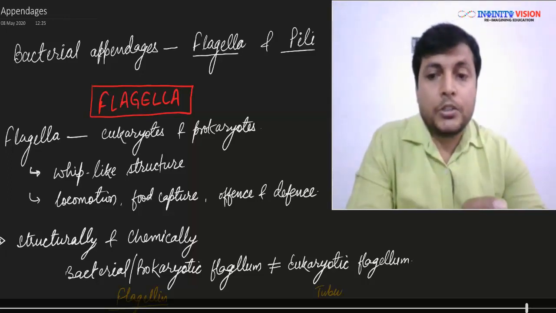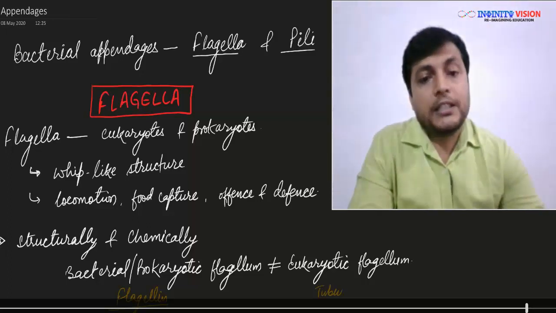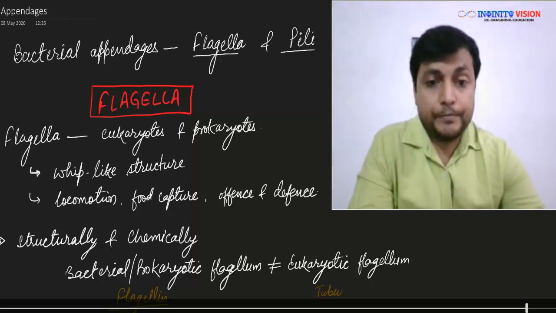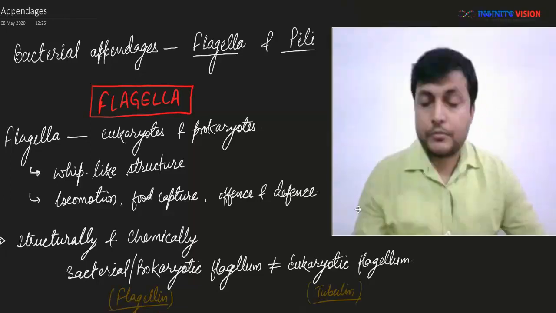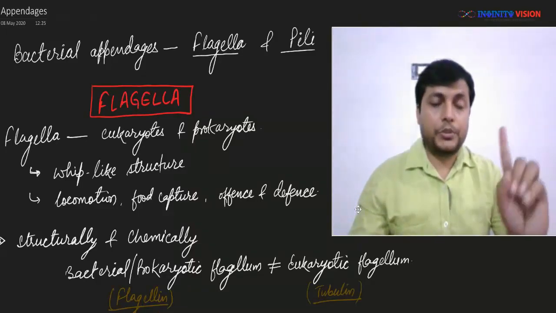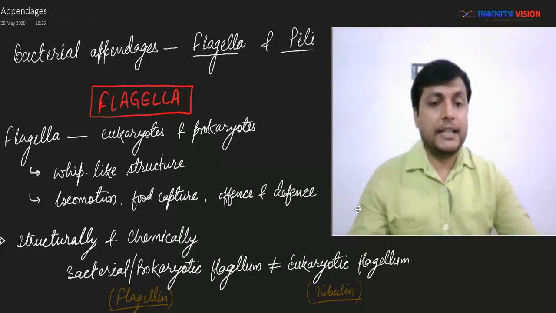So chemically, the bacterial flagella is made up of flagellin, and eukaryotic flagella is made up of tubulin. Remember it. It is important. So flagellin and tubulin. Prokaryotic or bacterial flagellum is made up of flagellin.